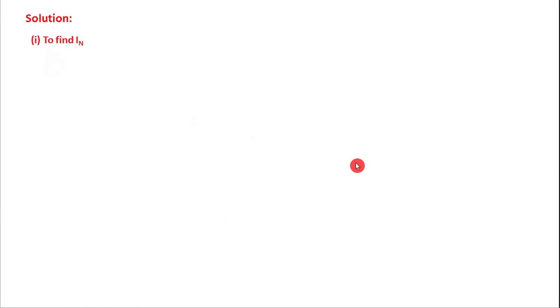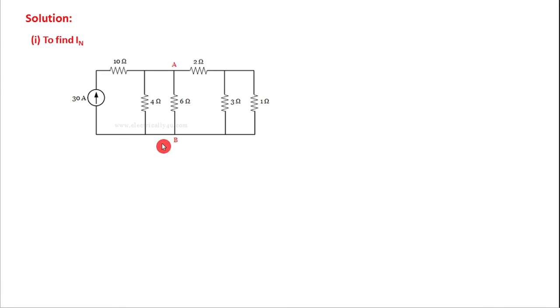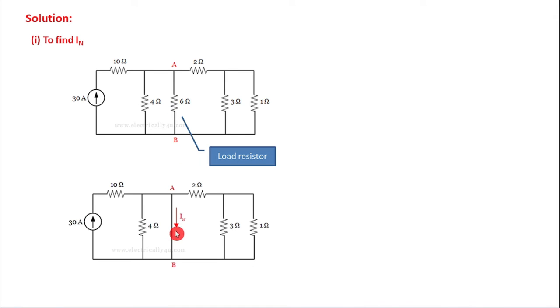first we go to the first step, to find the Norton's current. Consider the given circuit. This is the load resistance, so remove this load resistance and short it with a wire. Now we have to find the current IN through the path AB.